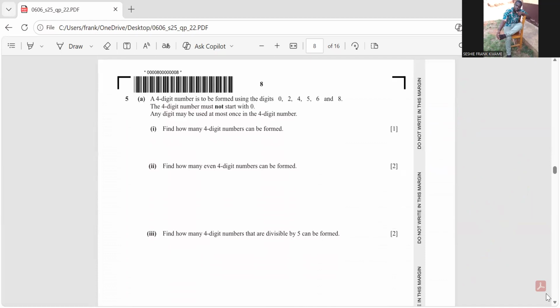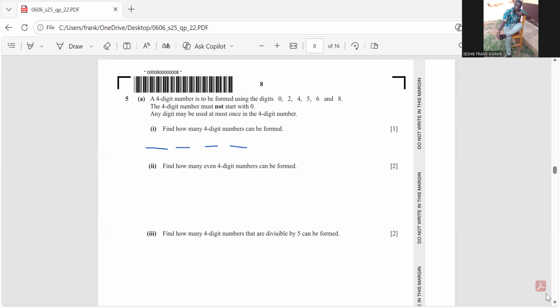Question number 5. A 4-digit number is to be formed. Look at the digits 0, 2, 4, 5, 6, and 8. The 4-digit number must not start with 0. So 1, 2, 3, 4. The digits are 6.